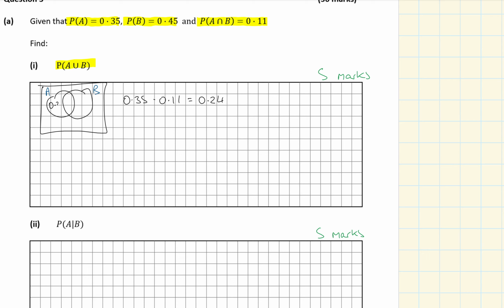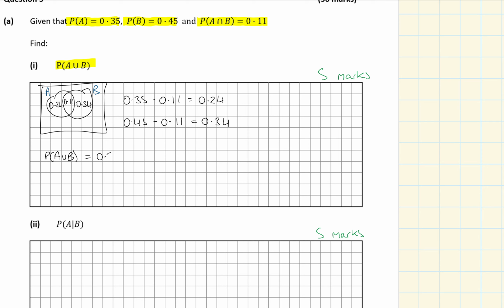So that sits out here. We've 0.11 in the middle, and they told me B was 0.45. We subtract 0.11 from 0.45 and we'll get 0.34. That sits out here.